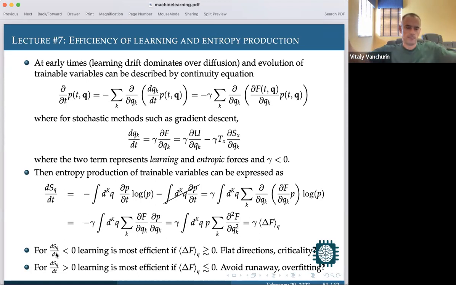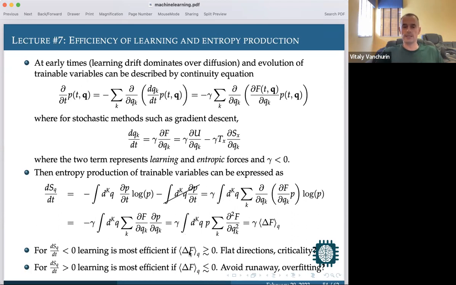It will just start clustering around some isolated places for the trainable variables. Entropy will continue decreasing until it goes to zero and the learning terminates. Now, we don't want that to happen. And for that not to happen, we want to have an architecture where this Laplacian is zero, or maybe as close to zero as we can.